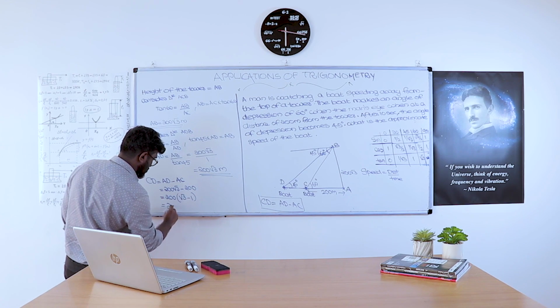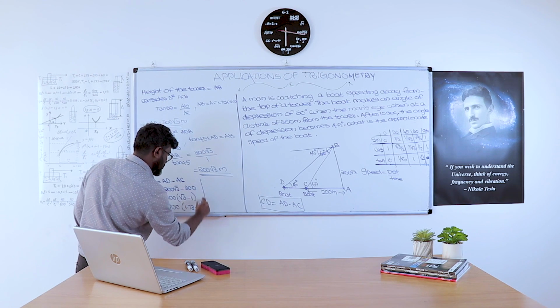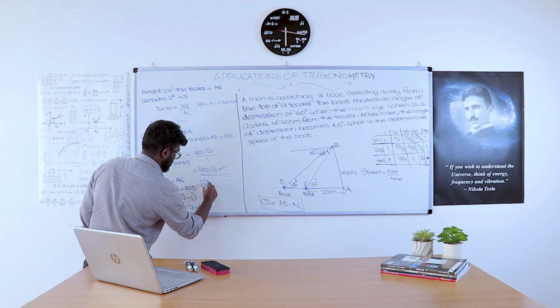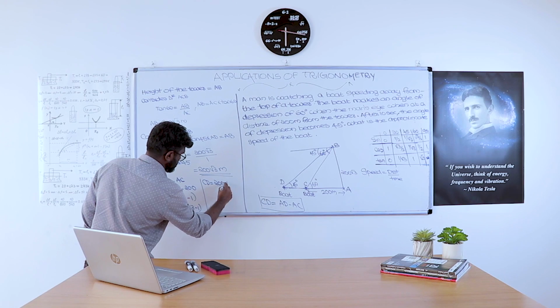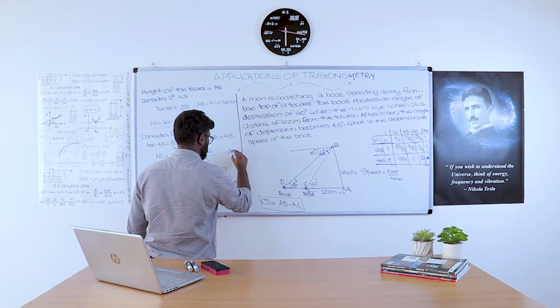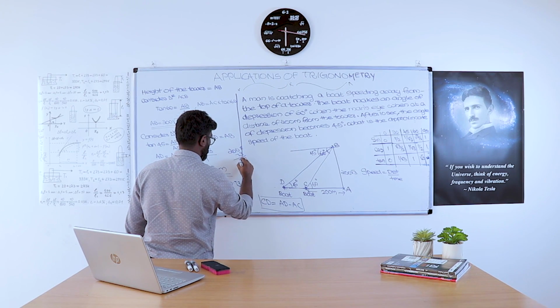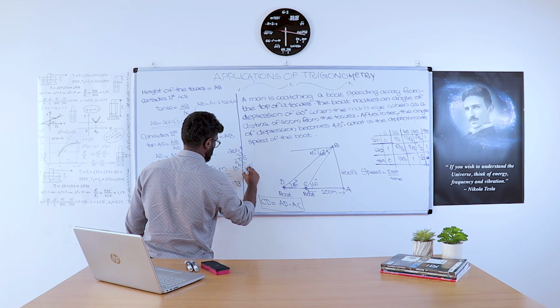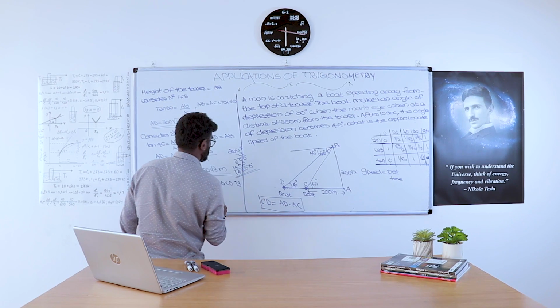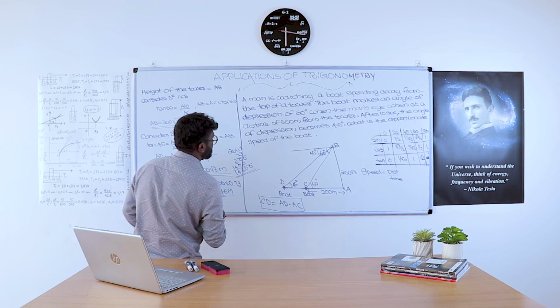Root 3 is 1.73, so 1.73 minus 1. CD equal 200 into 0.73. What is its value? 200 into 73, so it is 146. CD equal 146 meter.